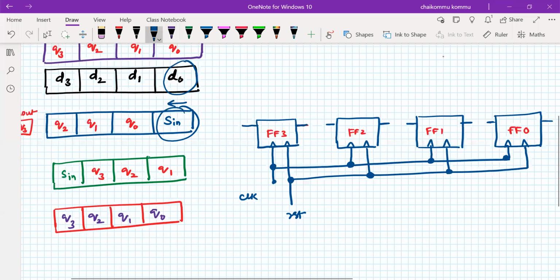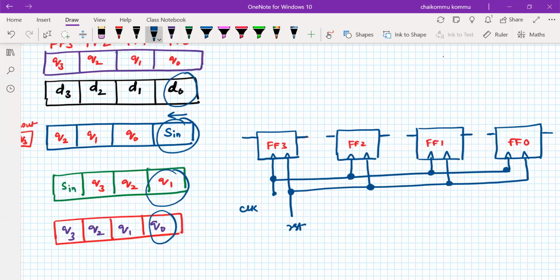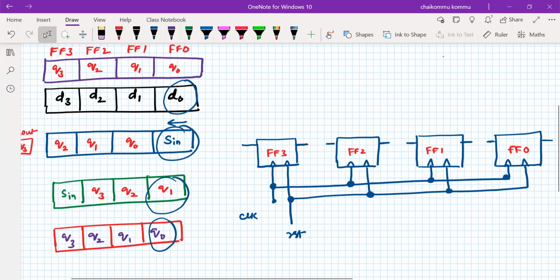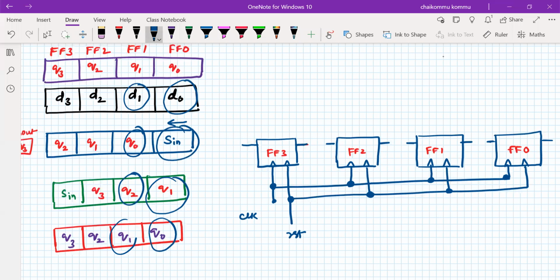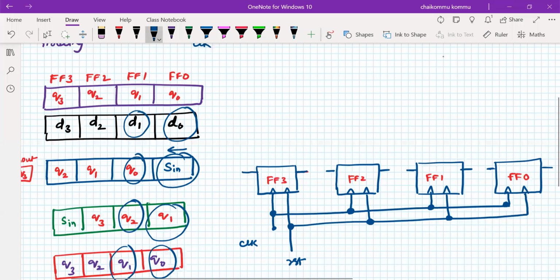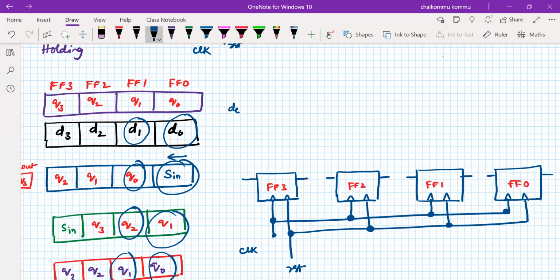The second time also this will be defined by D1, Q naught, Q2, Q1, something like this. That means that the input of the flip-flop is changing among 4 values. For example, sometimes I need to use D naught, sometimes SIN, sometimes Q naught, Q1, sometimes Q naught. Okay, 4 inputs will be assigned to only 1 output.